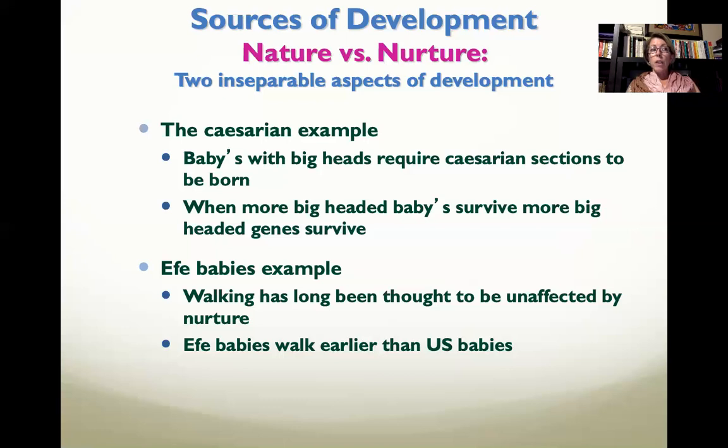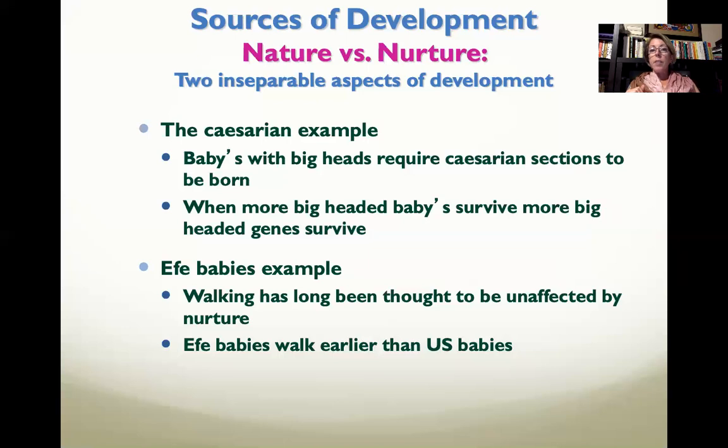So there are more big heads out there because the babies who survived because of the cesarean section have been able to reproduce. So the question here is, where's nature and nurture in this example?